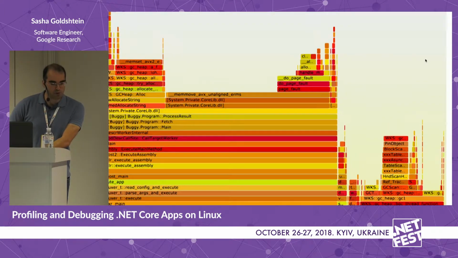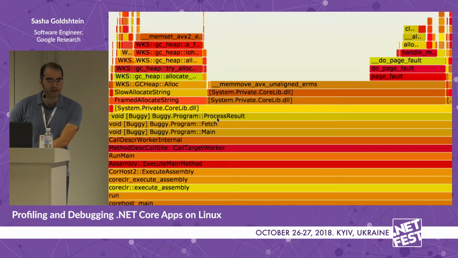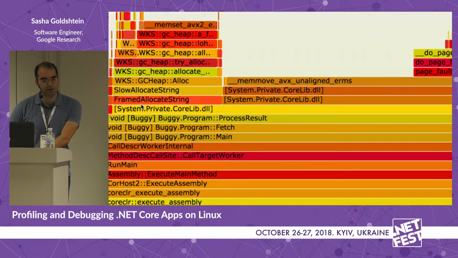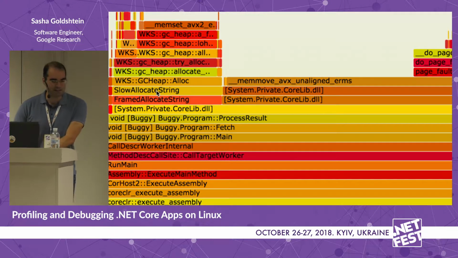And if you look at the process result function here, this is my code, but then we call into CoreLib, which is .NET Core, and that calls into some CoreCLR functions here, framed allocate string, slow allocate string. By the way, slow allocate string definitely doesn't sound like something I want to be doing, but I am.